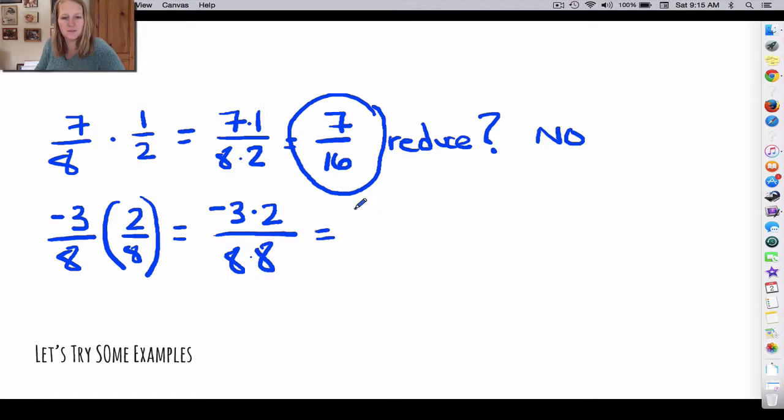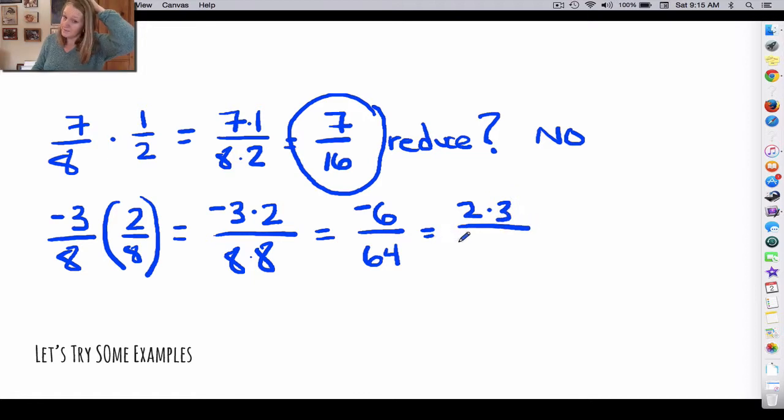So -3 times 2 is going to be -6. 8 times 8 is 64. And then just to remind you how to factor something like this, 6 is 2 times 3, and 64 is 2 times 2 times 2 times 2 times 2 times 2.